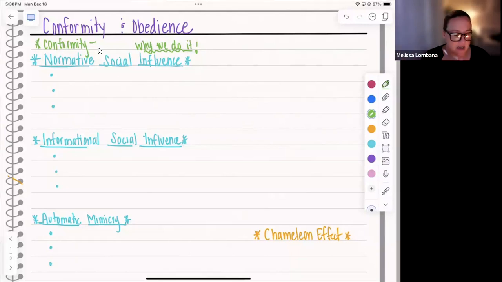So conformity is adjusting our behaviors or our thinking towards the group standard. Okay, so typically we're going to either adjust the way that we behave or the way we think based on the group standards.